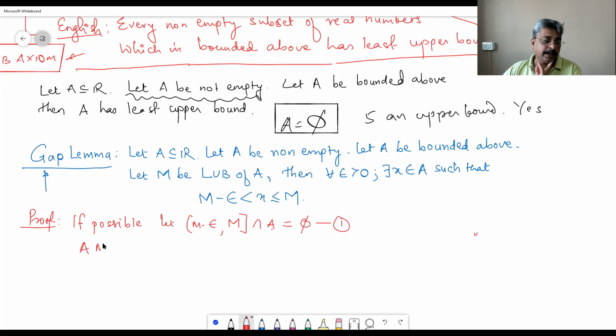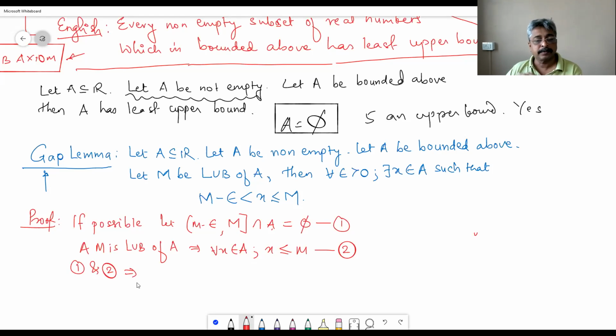As M is the LUB of A, this implies for every X belonging to A, X is less than or equal to M. Statement number 2. 1 and 2 imply for every X belonging to A, X is less than or equal to M minus epsilon.